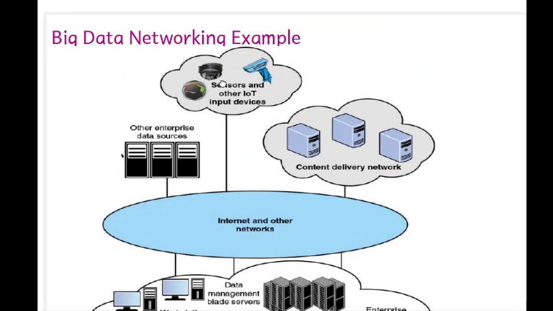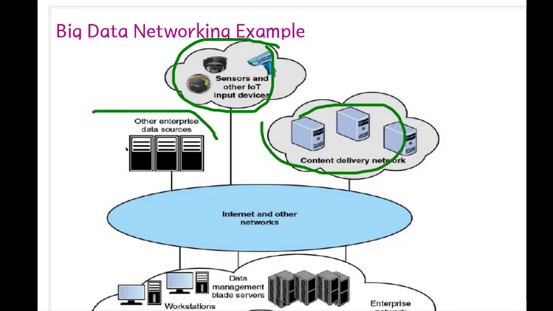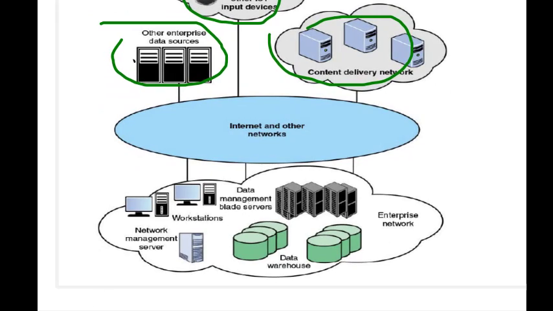So this is the big data networking example. Okay, here we can see we have some hosts, these are the sensors which generate the data. Then we have content delivery networks, then other enterprise data networks. So this is where we have the big data infrastructure.